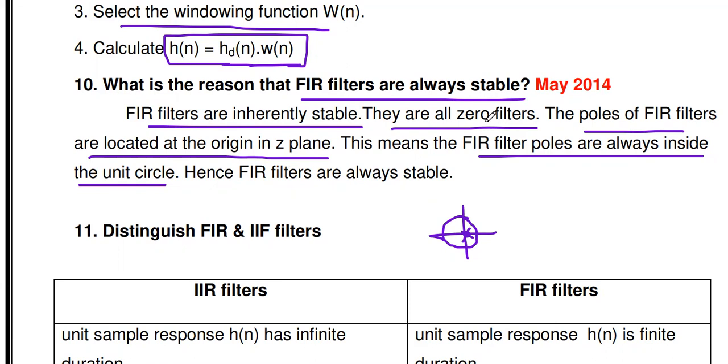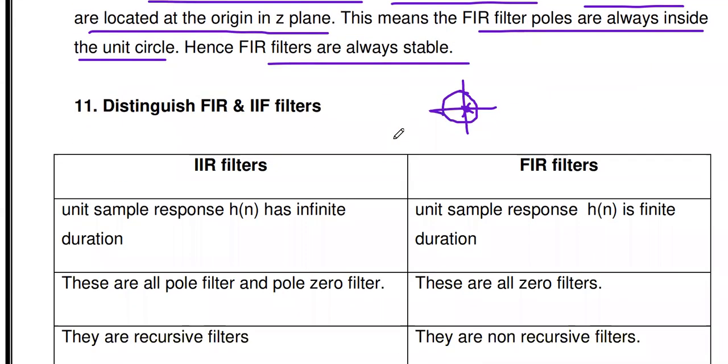There is no pole, so the poles are located at the origin, that is equal to zero value. So the poles are located inside the unit circle. That's why FIR filters are called always stable. They are all zero filters, no poles available, meaning the pole value is equal to zero. This is the reason.